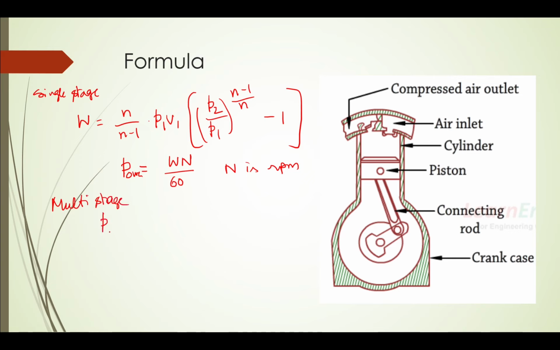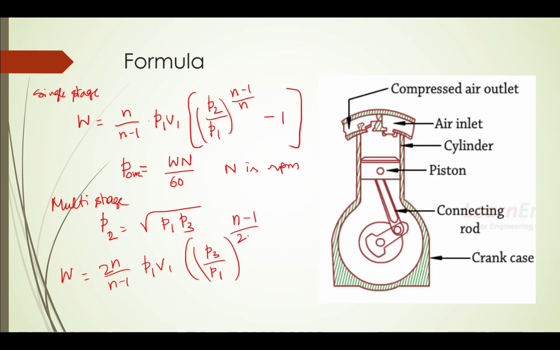So for multi-stage, intermediate pressure P2 will be equal to square root of P1 P3, and the formula for work input is n by n minus 1 into P1 V1 multiplied by (P3 by P1) whole power (n minus 1) by 2n minus 1.